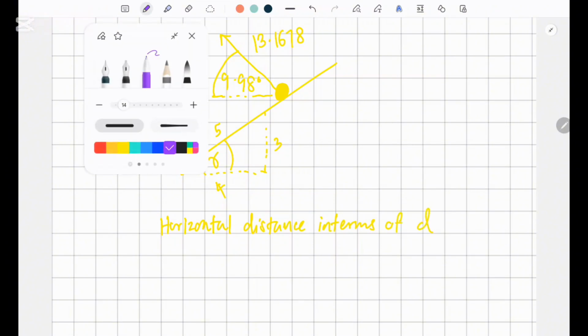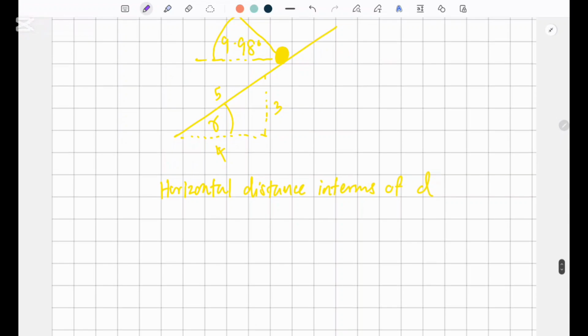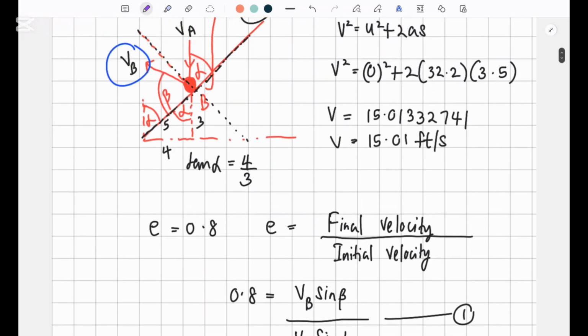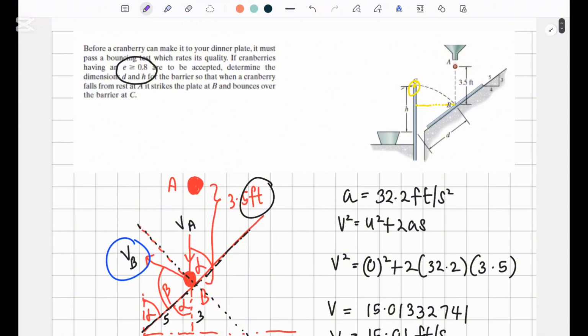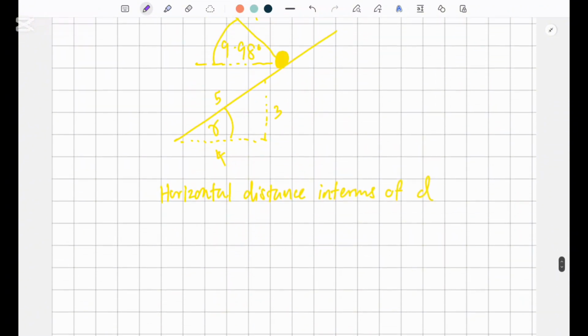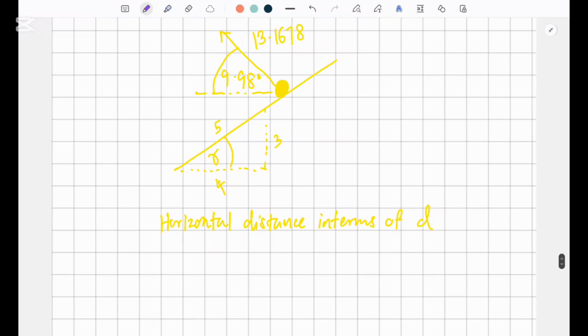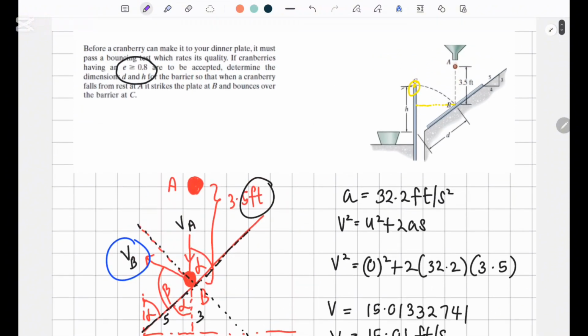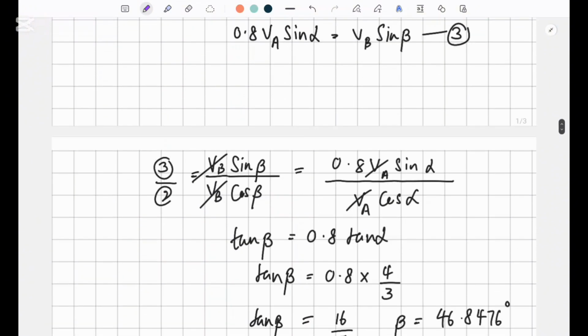Let me just write it in purple. The angle we have there, so we could say this distance is D. Not precise, but you can understand, right?